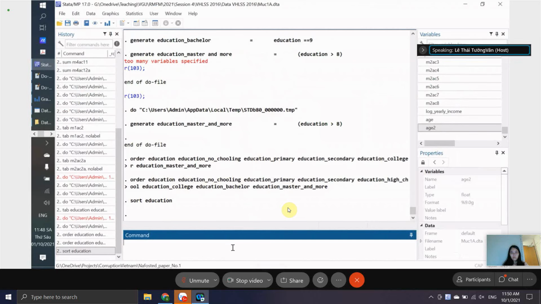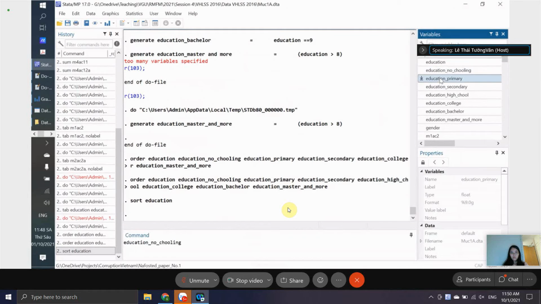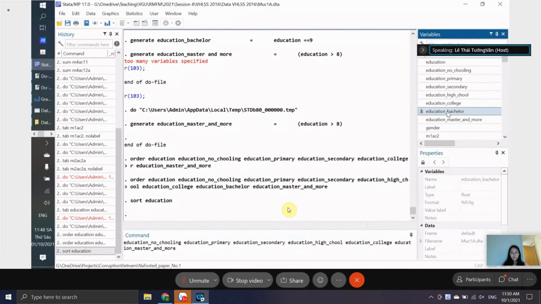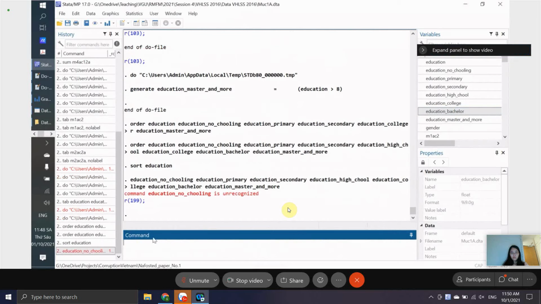To allow for the different impact of having no education, primary, secondary, high school, college, bachelor. I just want to make them in the same order. Okay, enter.